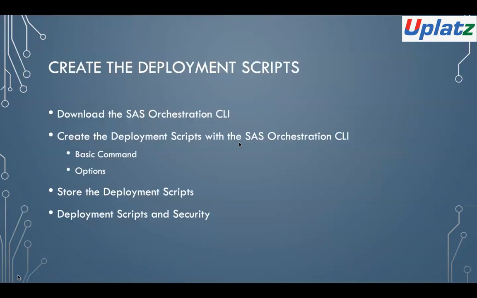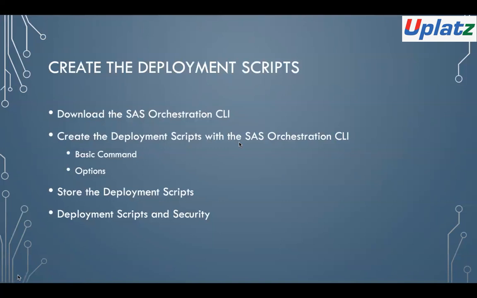In order for us to deploy, you first have to have the SAS orchestration command line interface, which is called CLI. This is used for retrieving the information from the orders that you have placed with SAS Institute, which is like the email that I mentioned earlier, right?